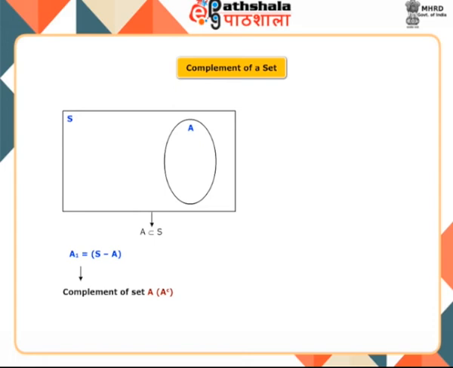In the figure, the rectangle represents the space S and A is its subset as all the elements of A are also present in S. The shaded area includes all those elements which are present in S but not present in A. Thus, it is the complement of A, A^C.